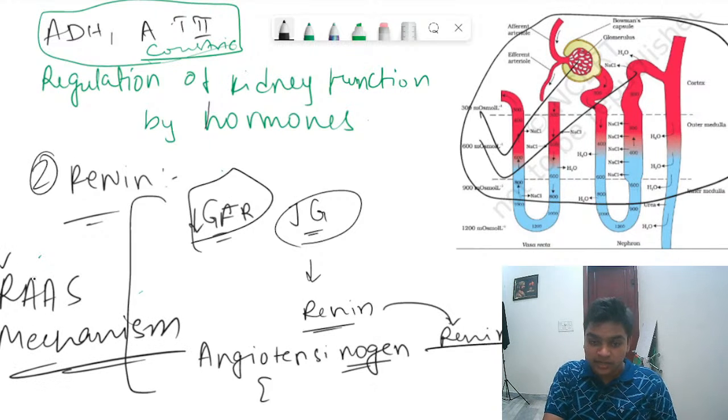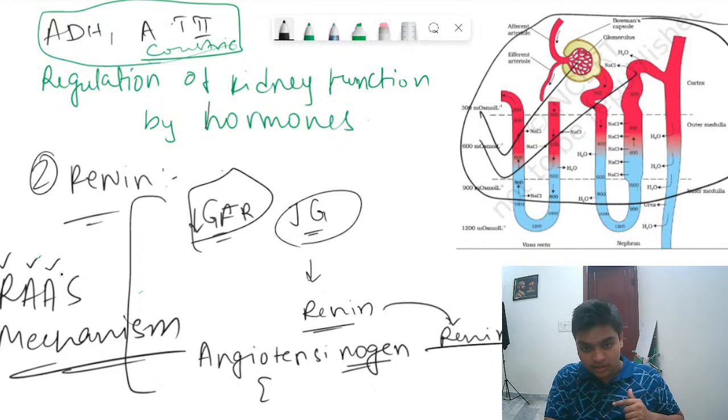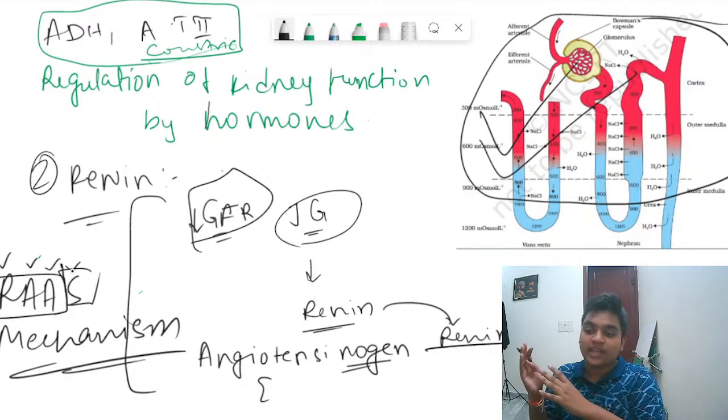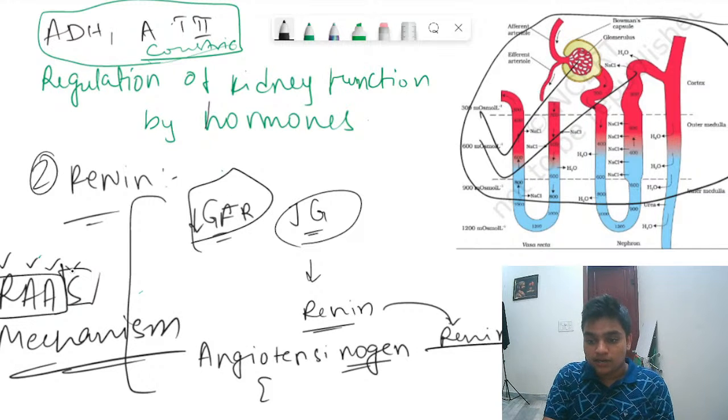R means renin, A means angiotensin, the next A means aldosterone, and S means system. Very important RAS mechanism. The pathway is very important. First renin comes and converts angiotensinogen to angiotensin 1.